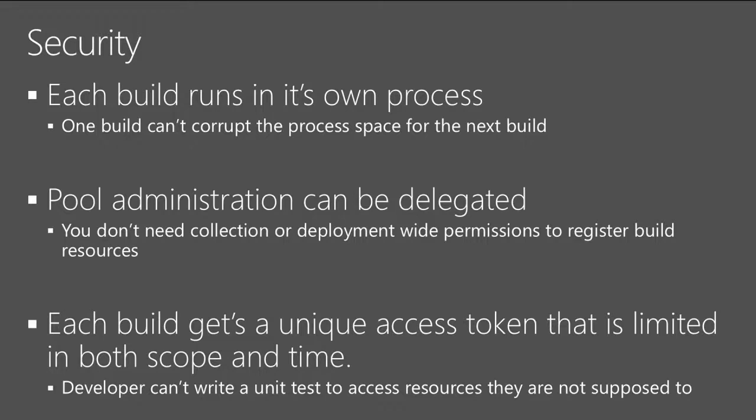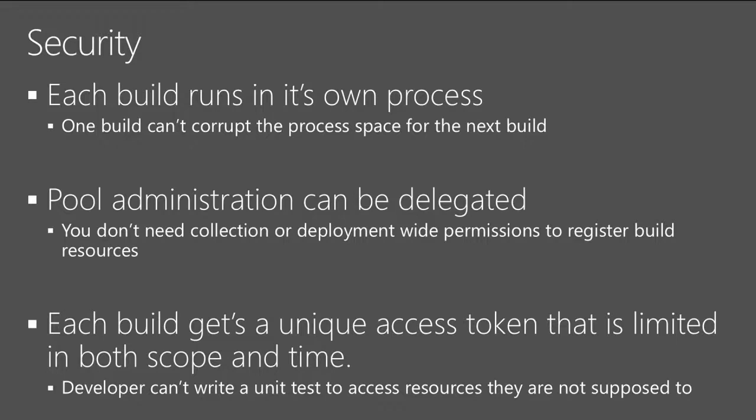The nice advantage here is you don't get weird process space corruption that you can sometimes get with builds, because builds are very messy. They do all kinds of crazy things. They set variables and they open file handles all over the place, and you get some weirdness. And we ran into that a few times with the fact that in Team Build previously, you had the build service host, and even if I had 4 agents on that box, there were really just 4 app domains inside the build service host process.